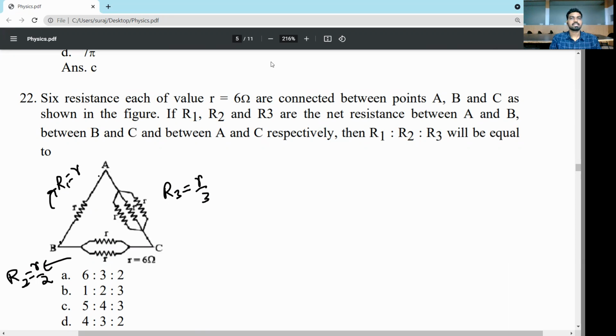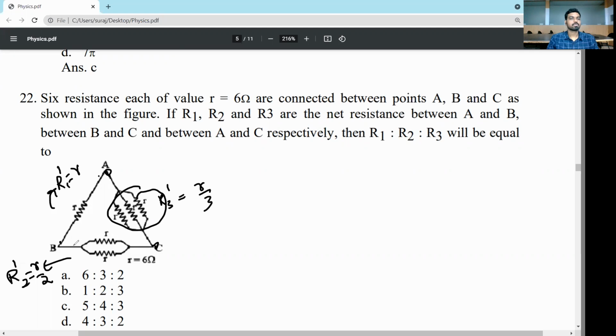Okay, between A and C, right? Between A and C, that means potential is between A and C. Don't name it like this. This is R1 dash, let's say R2 dash, equal to R by 3. Between A and C, this will be in parallel. This will be R by 2.